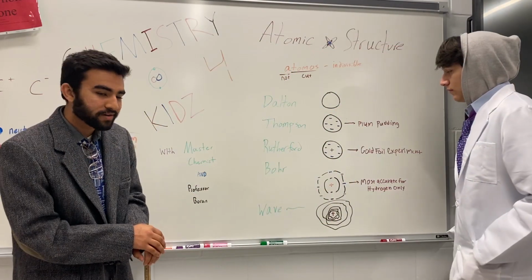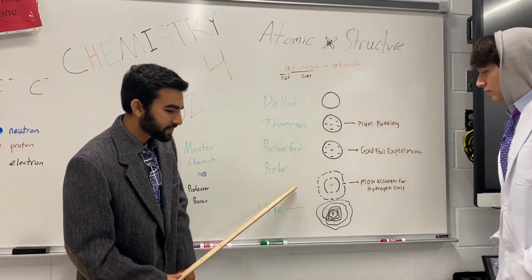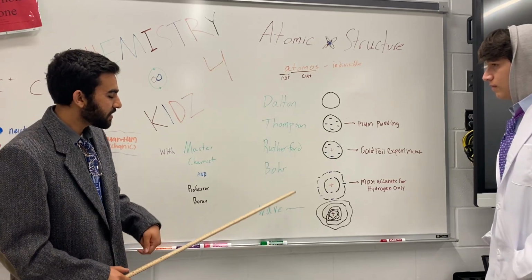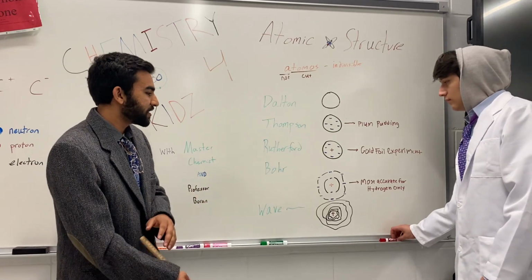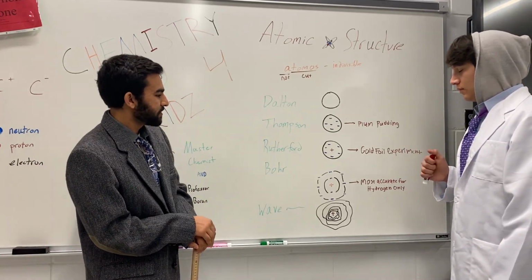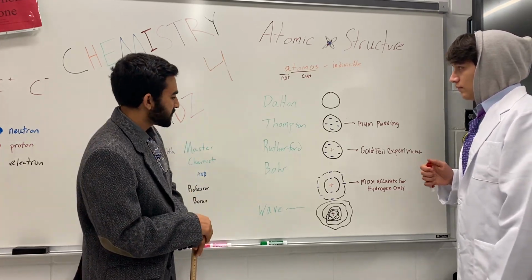So next we have Bohr, whose model is the one I feel like a lot of people would think of. He focused on hydrogen only, but that's an experimental error, you could call it, because it's not encompassing all the other elements and trying to see different perspectives.